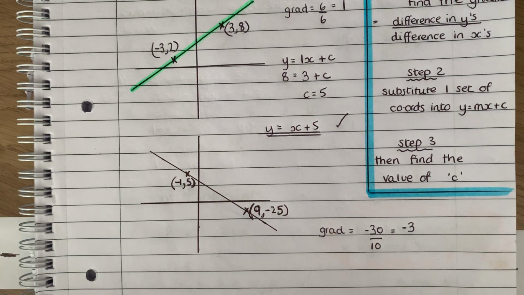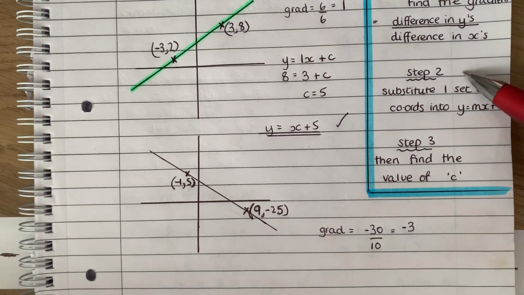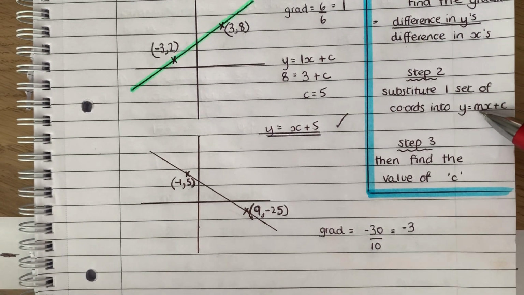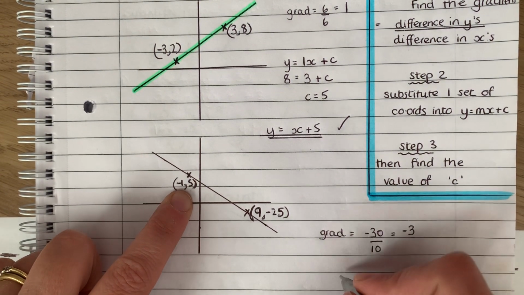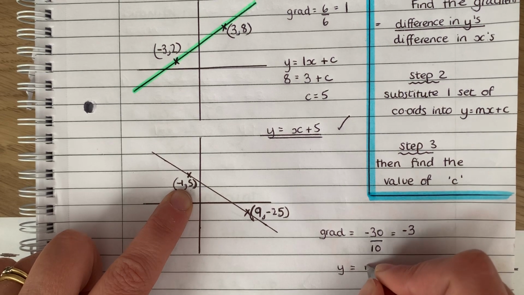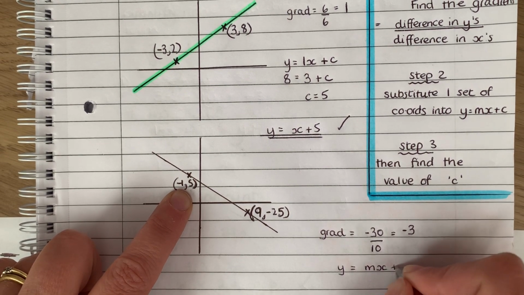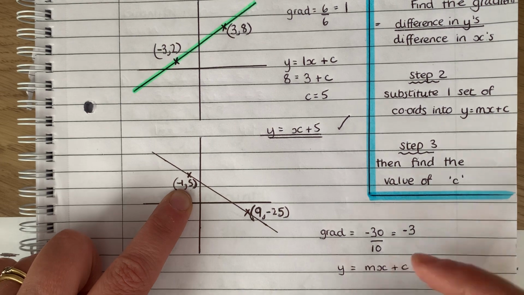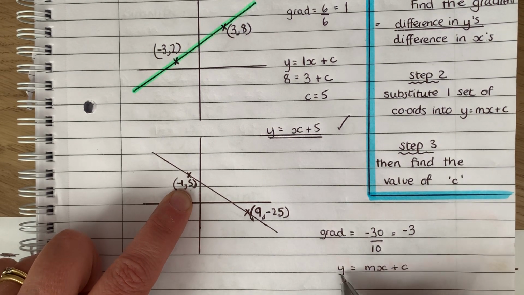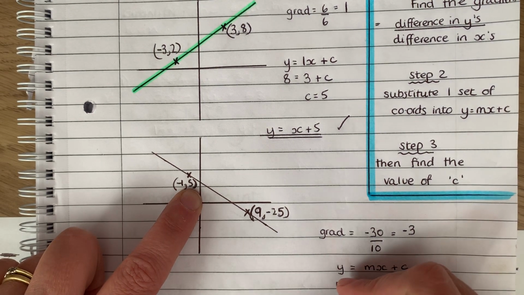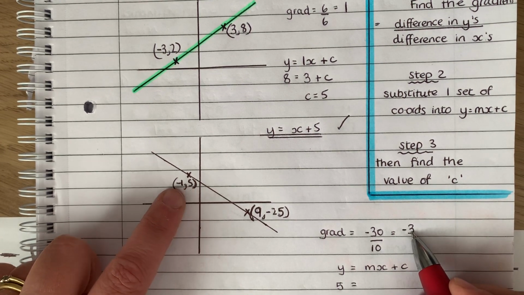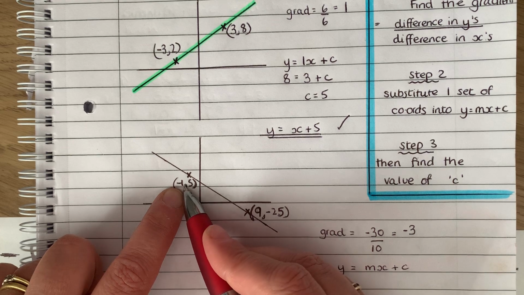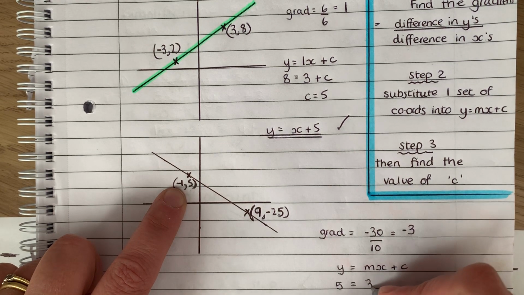So we've done step 1. Then we go back to step 2, substitute in one set of coordinates. I'm going to pick this one because they're smaller numbers. If I put in y = mx + c, I now know that m is -3, and y here is 5. -3 times -1, my value of x, will be 3.